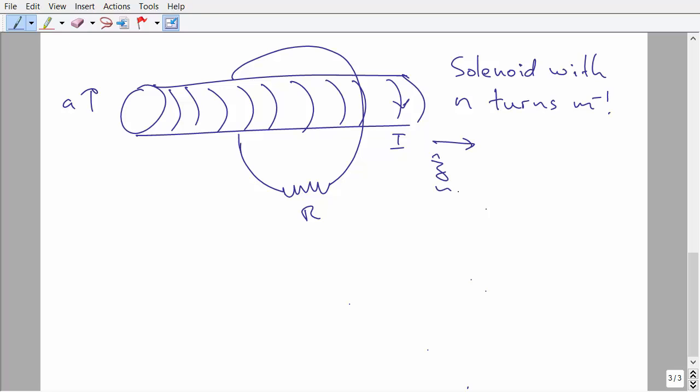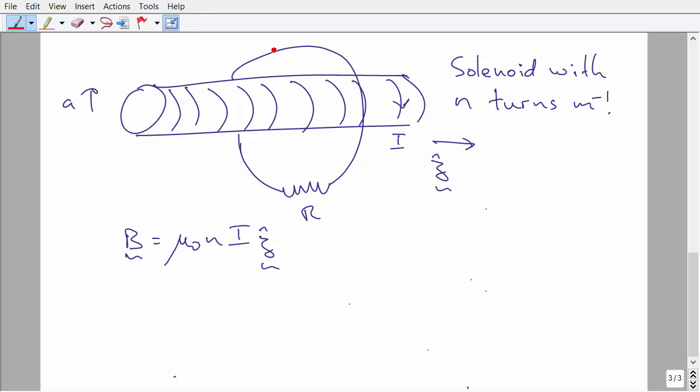Inside the solenoid, this would produce a magnetic field of the following form. Okay, so the magnetic field inside the solenoid is proportional to the current, and it's proportional to the number of turns per unit length. And if you look at the units, it has the right units: mu naught times current divided by a length. Outside, the magnetic field for a long solenoid is 0.